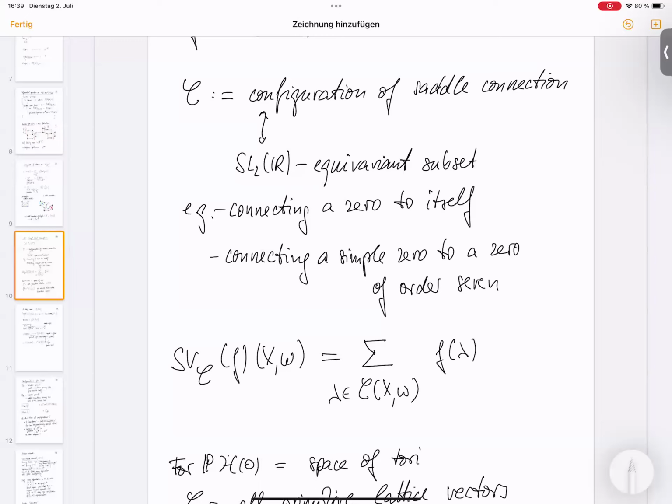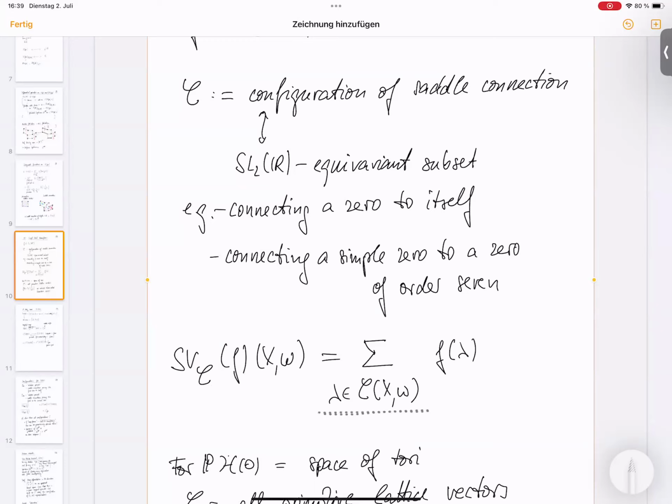If you have chosen such a configuration, you can write down the Siegel-Veech transform of the function f with respect to the configuration evaluated at your given point of the flat surface.